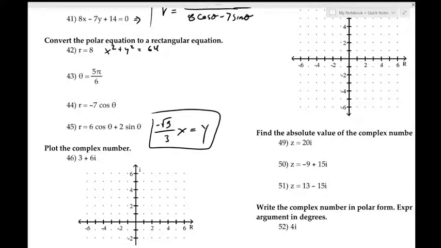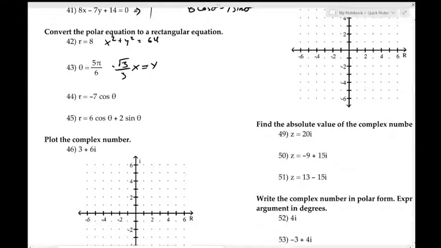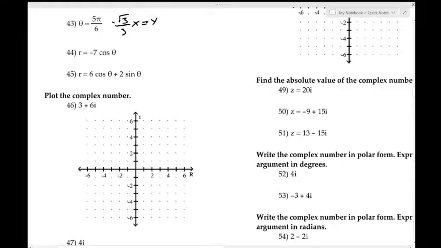Then, if we continue, we have r is equal to negative 7 over cosine theta, and this is number 44.